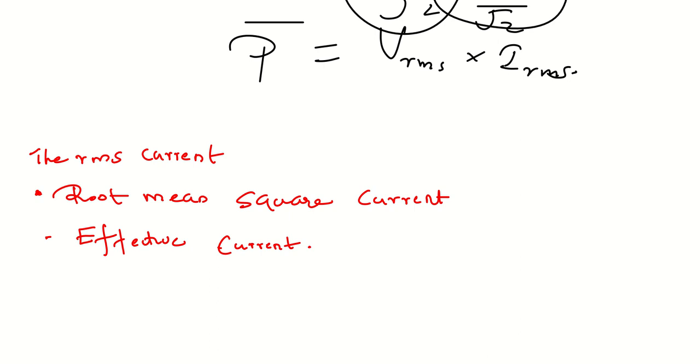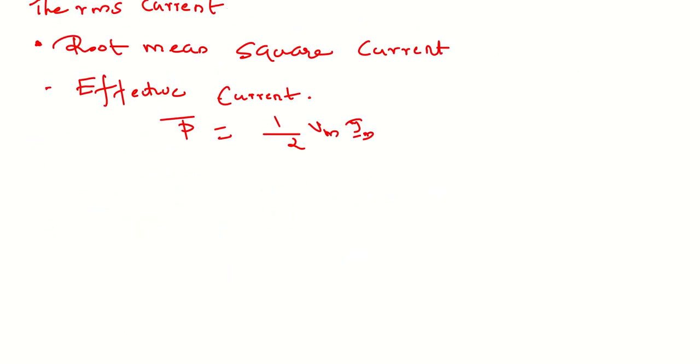So we know that the AC power, P average, is equal to half Vm Im, also Vrms into Irms. Here a special value, that is Vrms and Irms, is used in AC current. Why? So what is meant by RMS current?